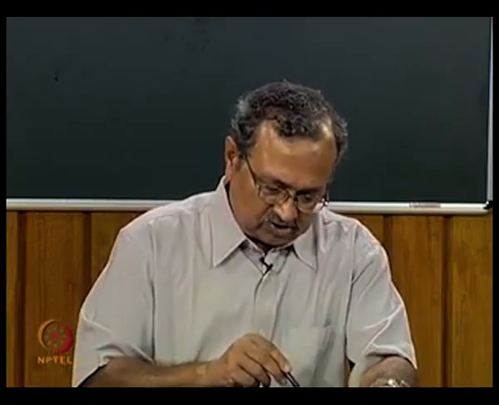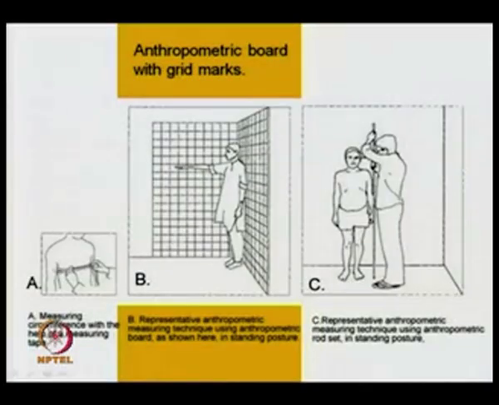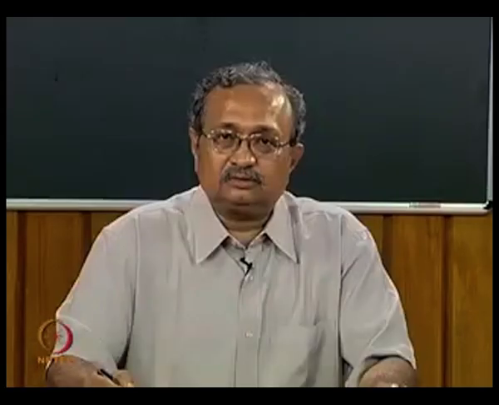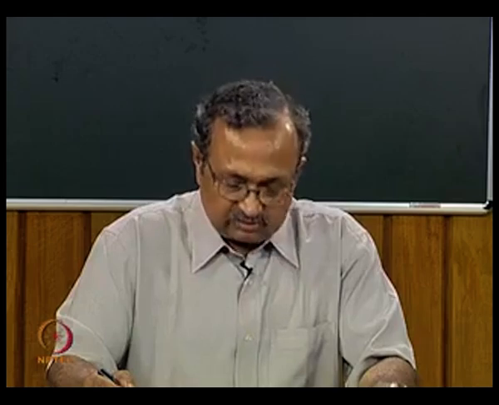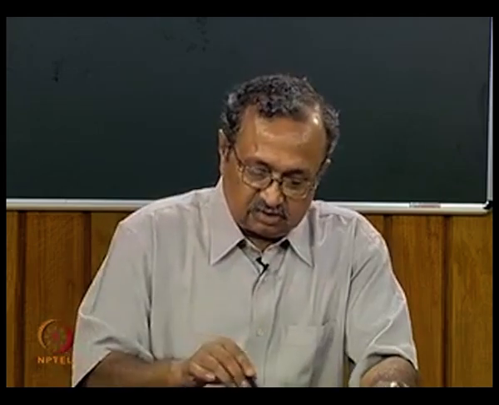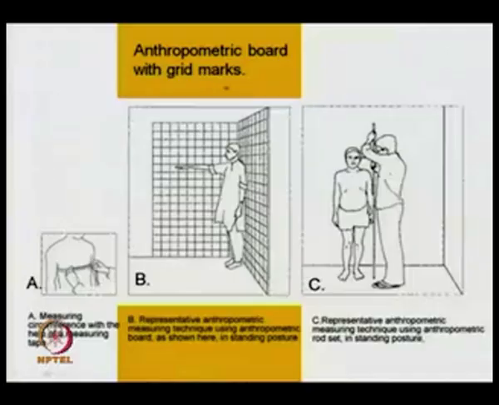Now, here we can say that the circumferences are being measured with the non-stretchable tape. In this right-hand figure, the anthropometric rod set is being used to measure the different heights. Now, another measuring device or system is the anthropometric board with grid marks.